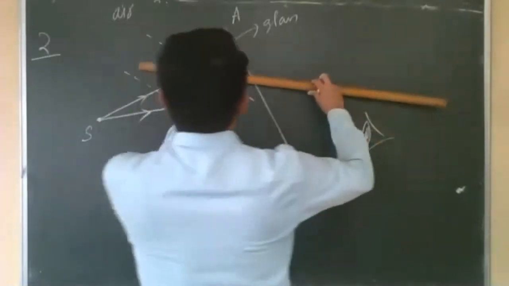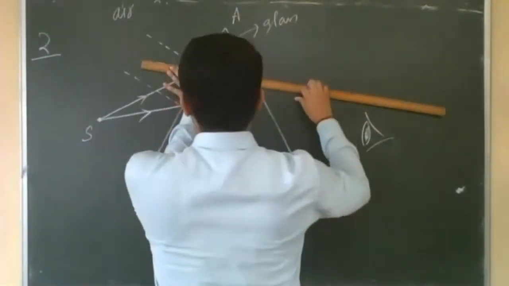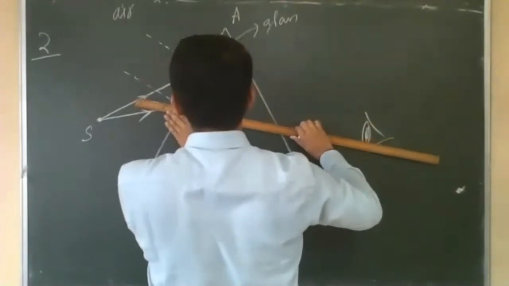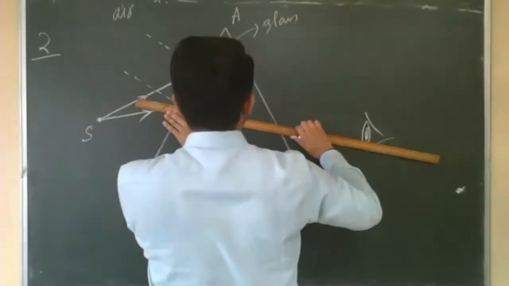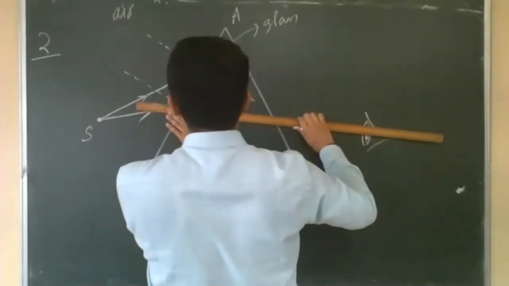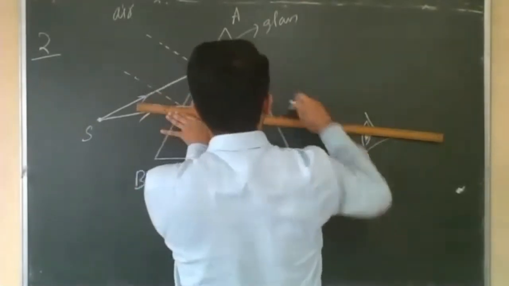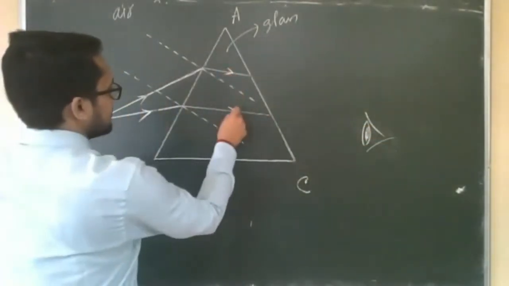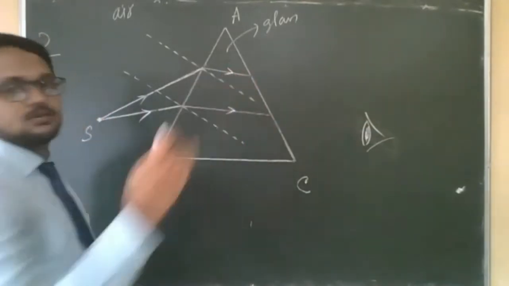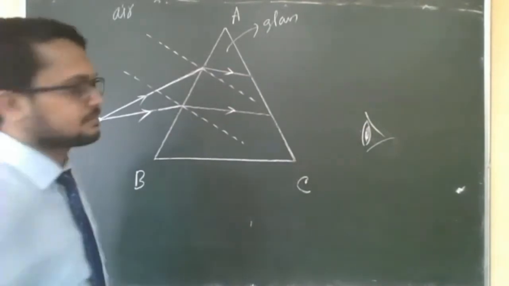So towards means suppose this one. Here the angles of incidence are different, so the angles of refraction at the two surfaces will also be different. The main point is that these two rays will bend towards the normal. Nothing else you have to keep in mind.